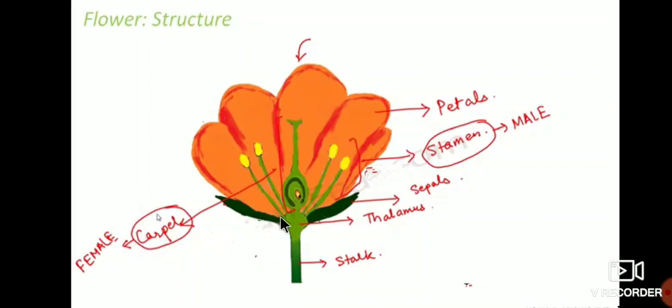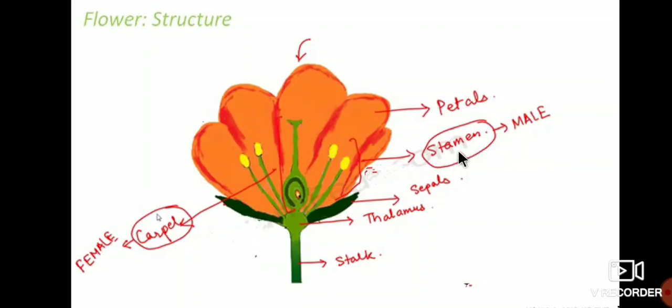This carpel is the female part. These two are male, and both male and female parts will be present in the flower. That plant is called bisexual, and if either male or female alone is present, that is called unisexual. Here this one is a bisexual flower, so it contains both male and female parts.